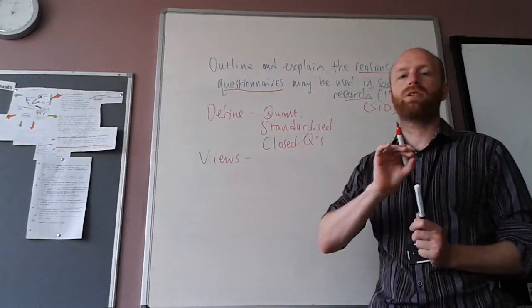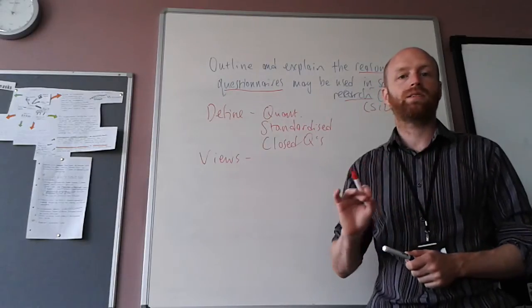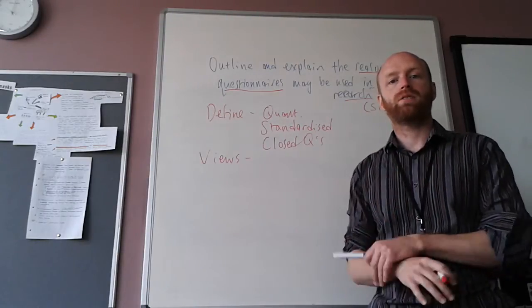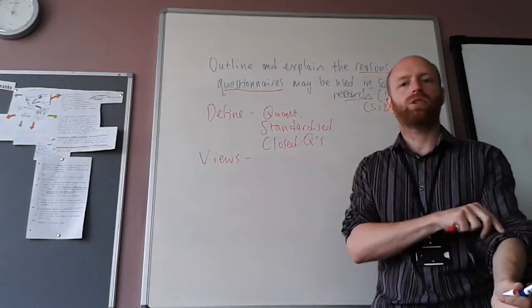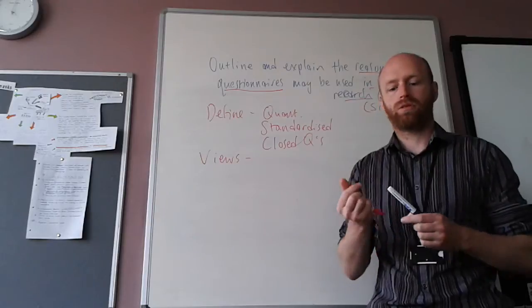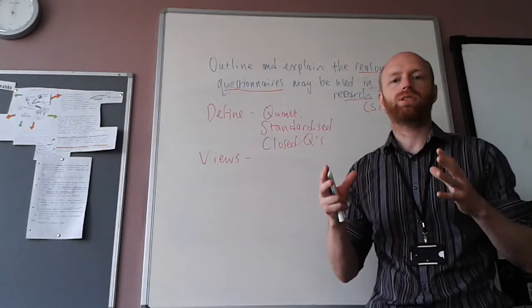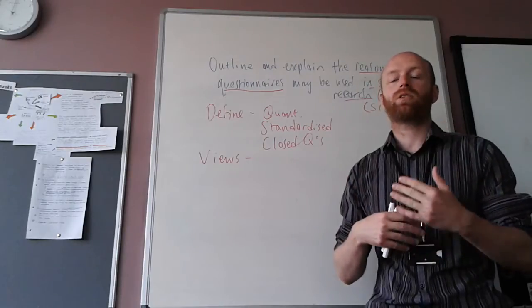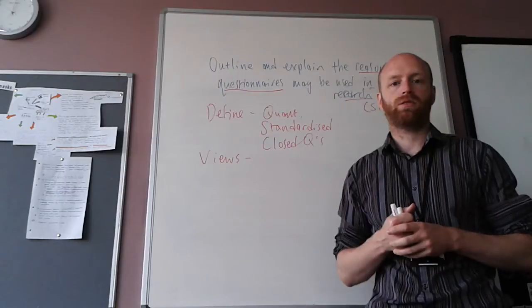So you're expected to discuss the strengths of questionnaires mainly. Now, you could include a very brief reference to weaknesses at the end of the essay, and throughout the essay you may refer to possible issues in terms of problems, but the main emphasis needs to be, the main content needs to be focused on the strengths of questionnaires.